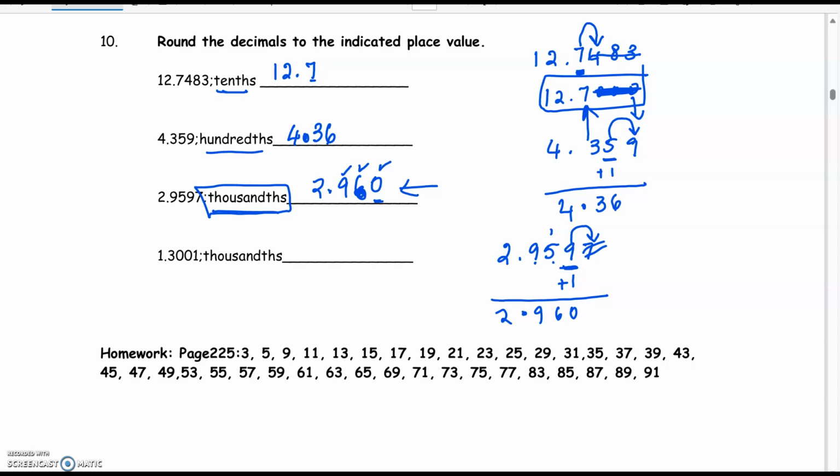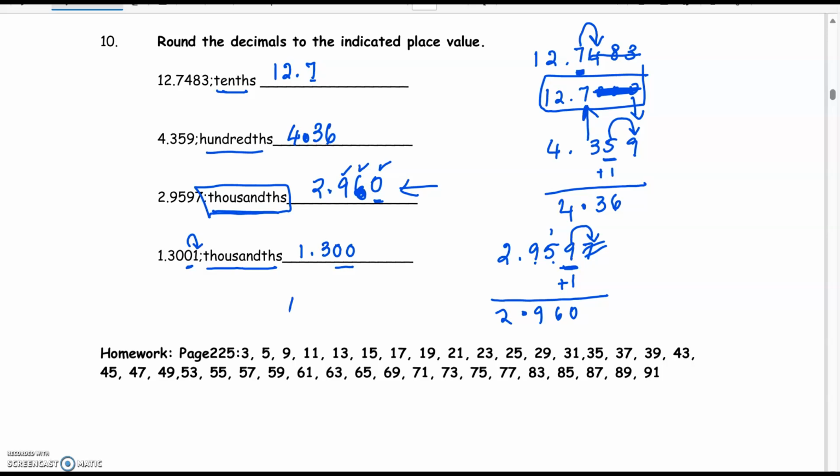Now let's round it to the thousandths place again. This is your thousandths place. Look for one place value to the right. It tells you to round down, which means you have 1.300. Rounding down means leaving the number alone. Now you might say that the 2 zeros at the end are not adding value to the number, right?